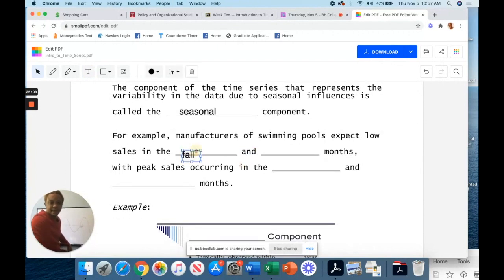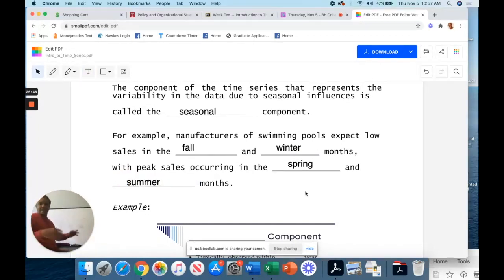And notice how these answers here are exact seasons, but that could be kind of misleading because, as I said, it's not always going to be a season as we know it. And peak sales generally with swimming pools occur in spring and summer.